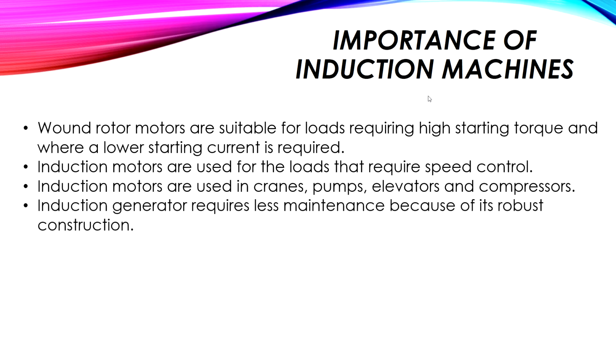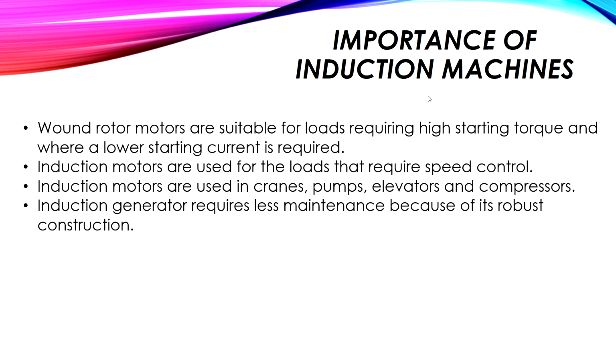The induction generators can be used with wind turbines because they have a variable frequency or a variable speed, so we use an induction generator with them. The induction generator requires less maintenance because of its robust construction.